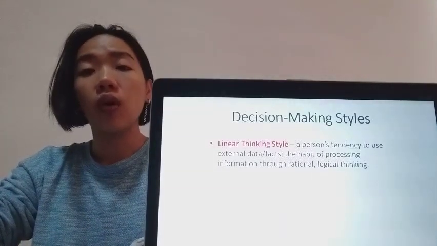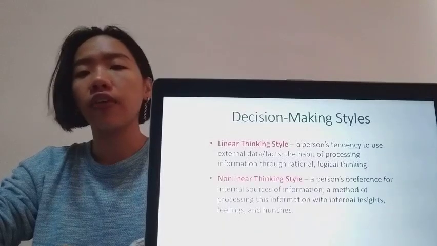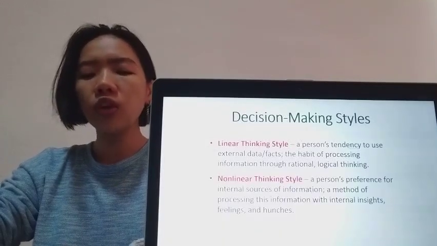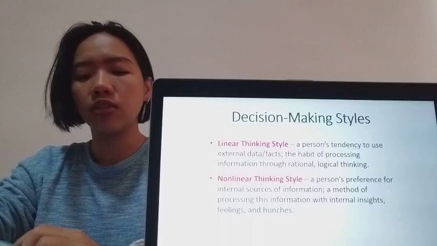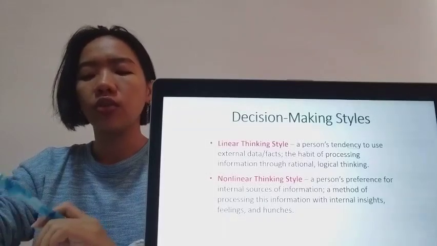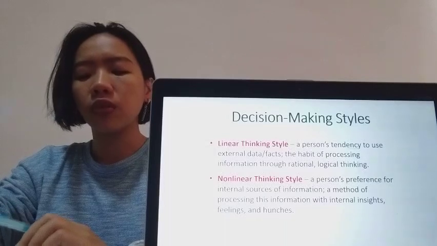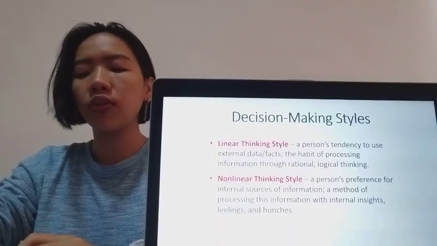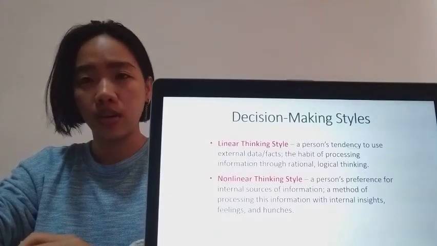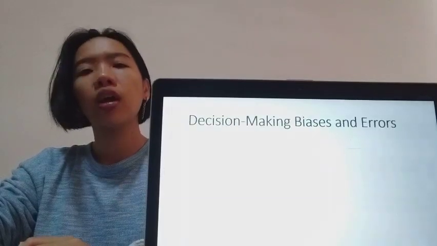The second is the nonlinear thinking style, which is a person's preference for internal sources of information, a method of processing information with internal insights, feelings, or hunches.